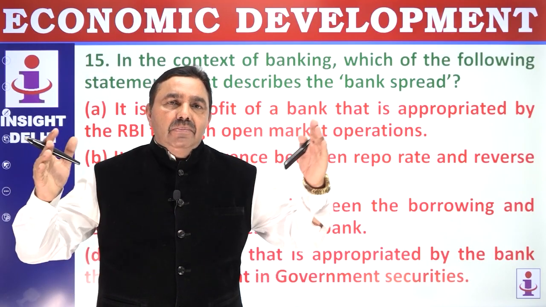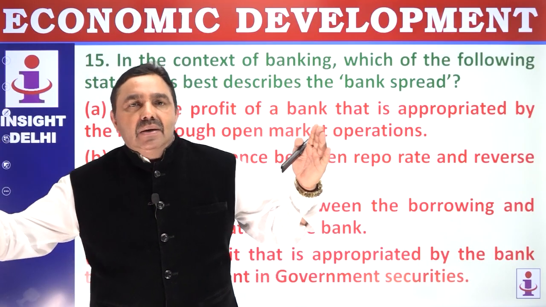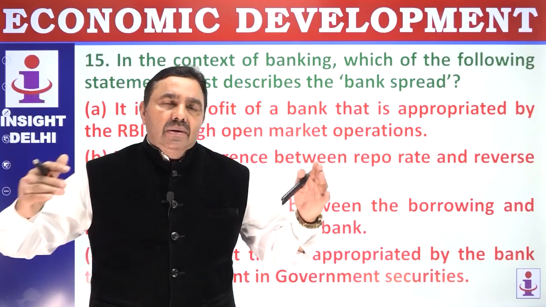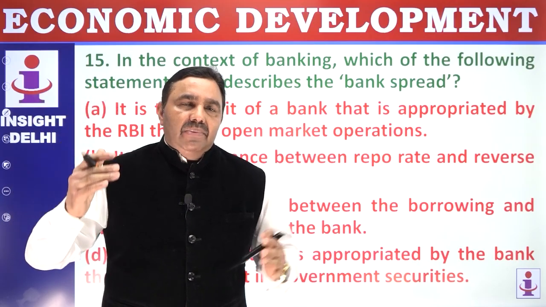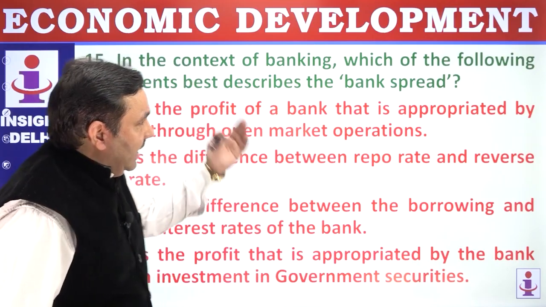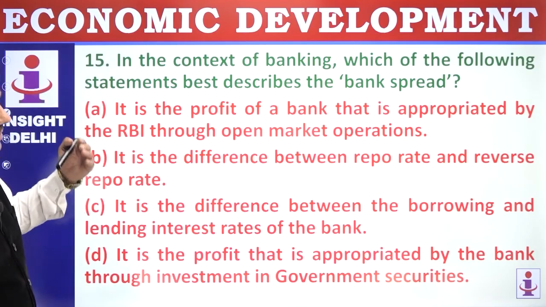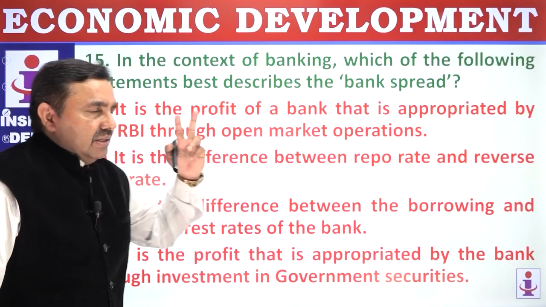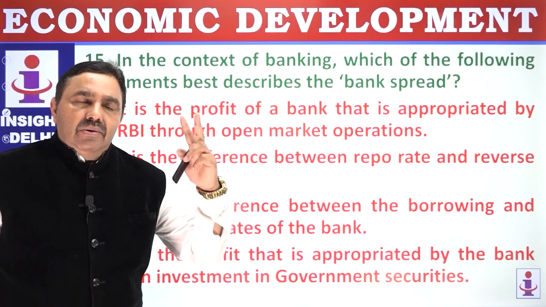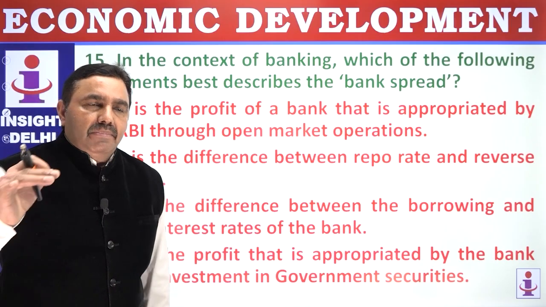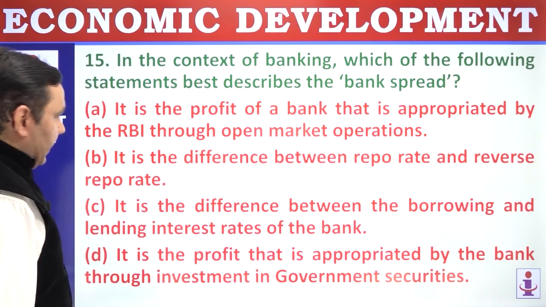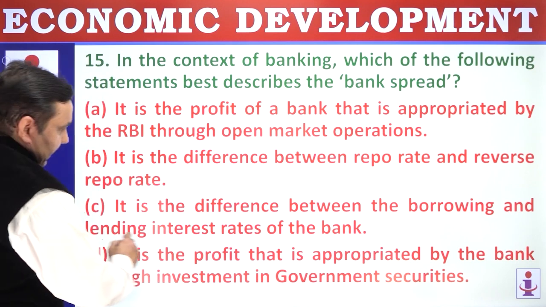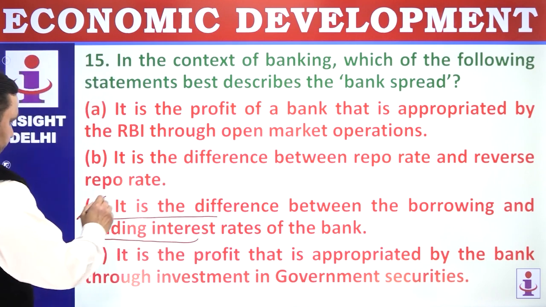So the difference between the borrowing cost and the cost that is received by the bank through lending rate, difference of that is bank spread. The more the bank spread, the healthier will be the balance sheet of the bank, the more the money bank will make. It's the difference between borrowing and lending interest rate of the bank. That is bank spread.